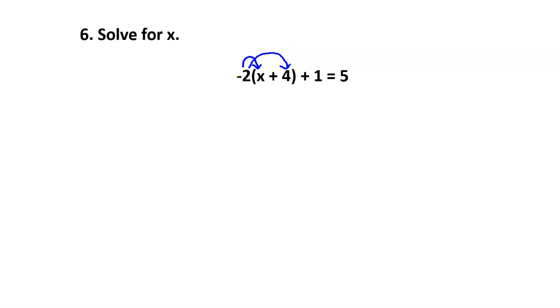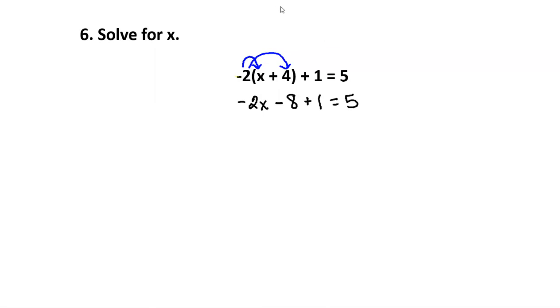So we're going to carefully do our distribution. -2 times x is simply going to be -2x. -2 times a +4, negative times a positive means a negative, and then 2 times 4 is 8. Then the rest of this, because that's outside of parentheses, I'm just going to bring down. So +1 and equals 5.